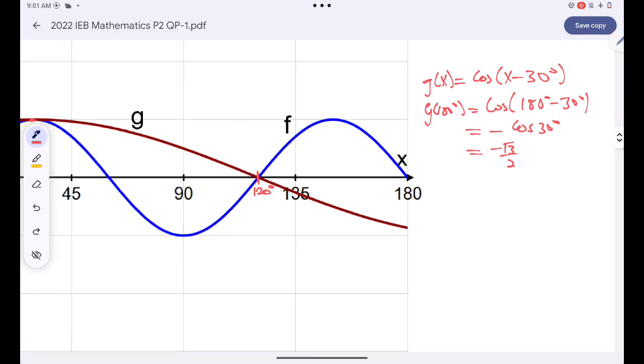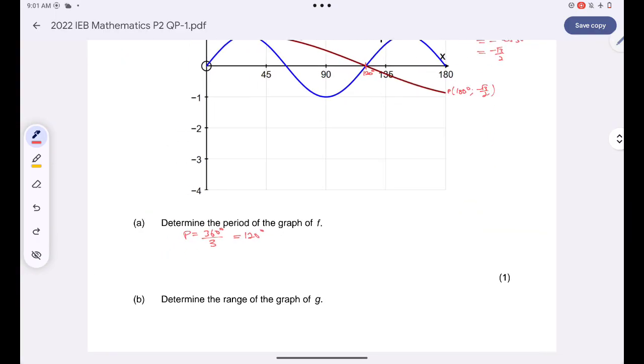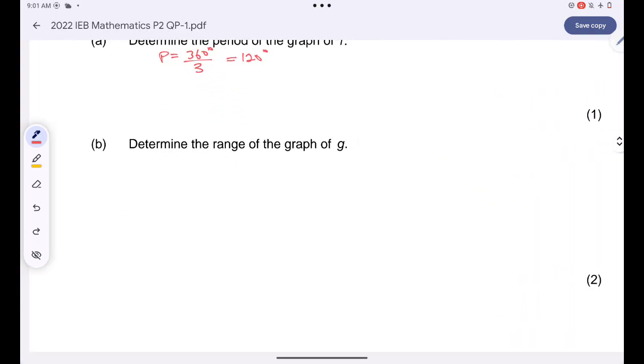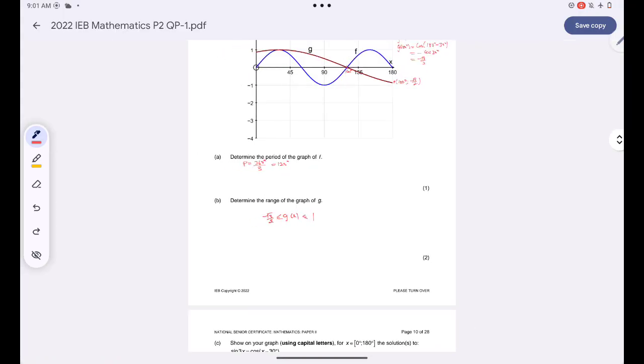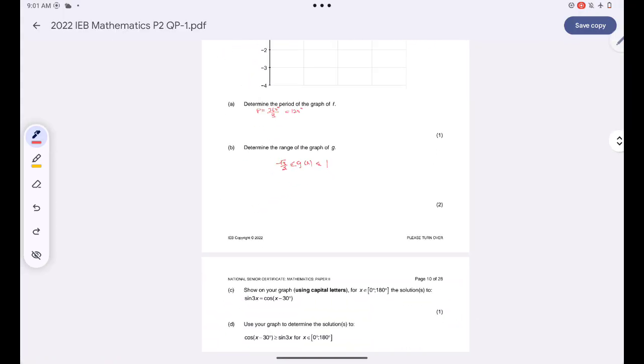So the point there, let's call that point P, I have 180 degrees and negative root 3 over 2. So the range for the graph of g, I now know that the graph of g will be just in between negative root 3 over 2 and 1, within that restriction there.